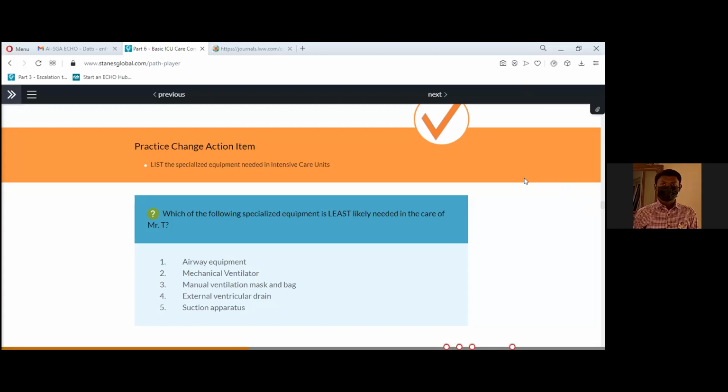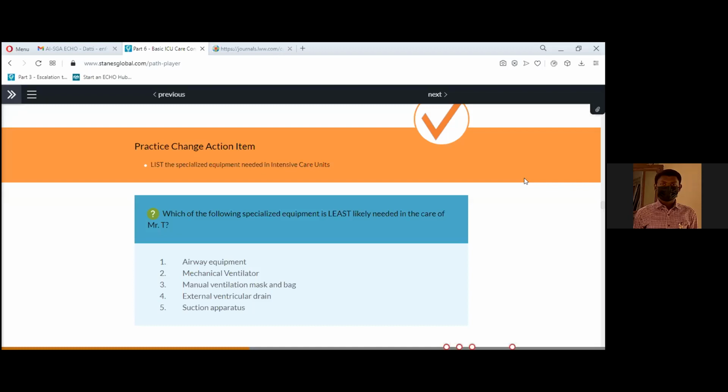What is not needed for Mr. T is the external ventricular drain, which is mostly for patients with raised intracranial pressure. Okay, suction apparatus, yes, you can have situations that need to be suctioned out. So what is not needed for him is 4, external ventricular drain.